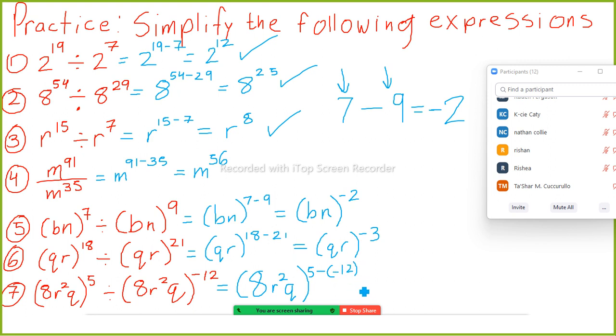All right, so it's going to be equal to 8r squared q to the power of 5, negative, and a negative is a positive, 12, which is going to be equal to 8r squared q to the power of 5 plus 12, which is definitely 17. All right, so that's our answer.